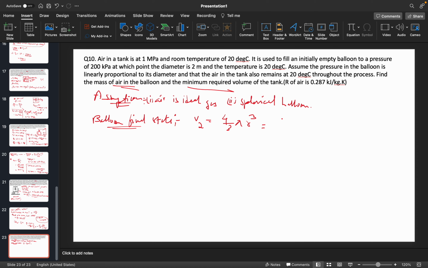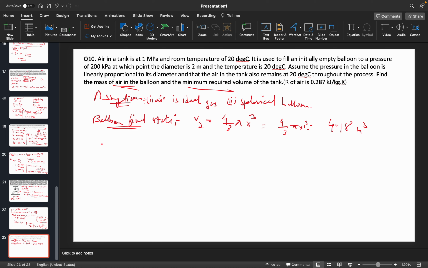So what will be the answer then? 4 by 3 pi into 1 cube, because the diameter of the balloon is given as 2 meter, so its radius is 1. So 4 by 3 into pi, 4.18 meter cube. So that is my final state of my balloon.